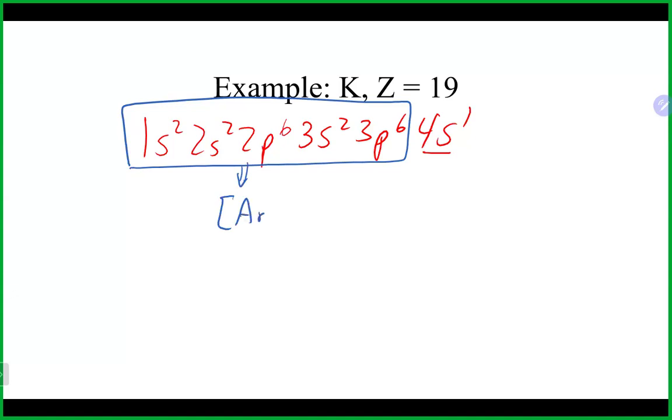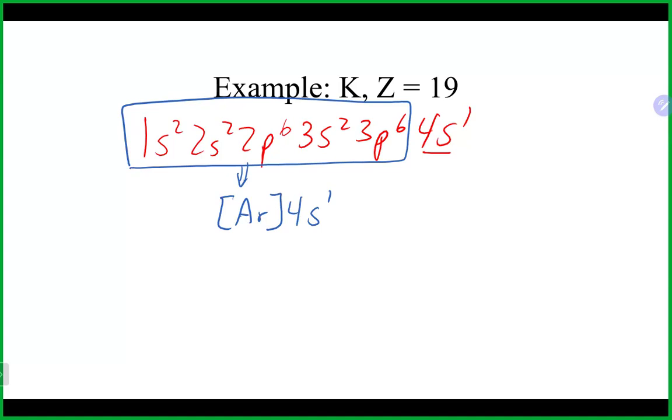So we could do a shorthand where we put argon in brackets to indicate the electron configuration for argon. And then we would just continue on with the electron configuration here. That would be a shorthand for the electron configuration of something like potassium.